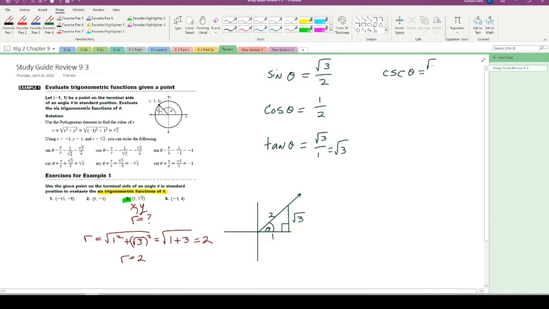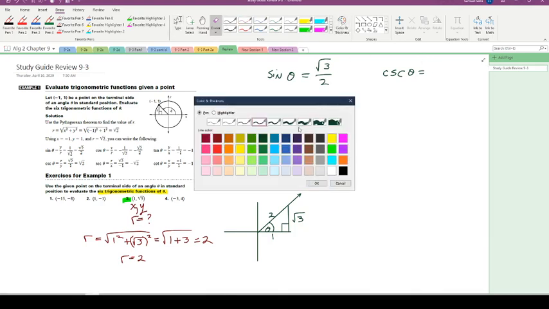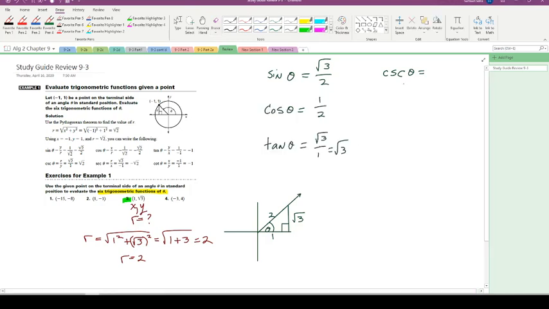Oops, again, it's the reciprocal. So the reciprocal is 2 over the square root of 3. Remember, I have to multiply by the square root of 3, top and bottom. And that gives me 2 square root of 3 over 3.